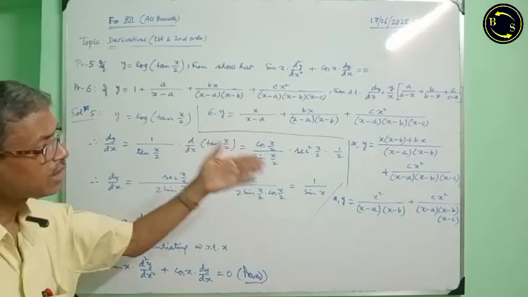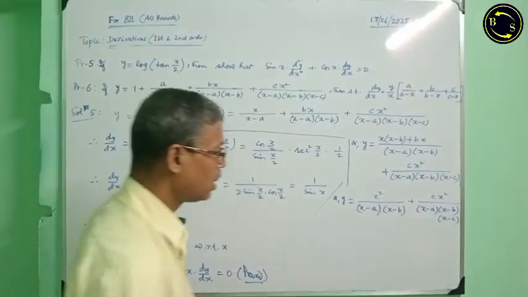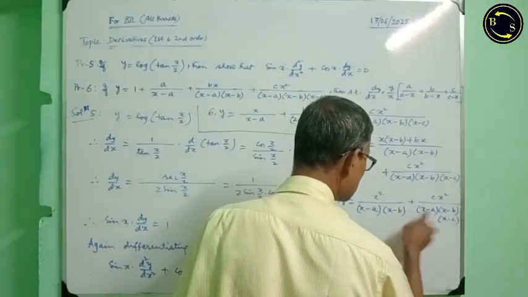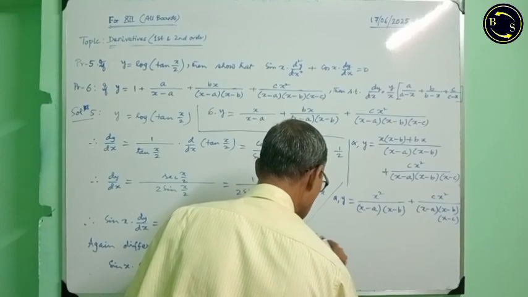This simplification is very important. Now x square, x minus a, x minus b are common factors. We take those out.